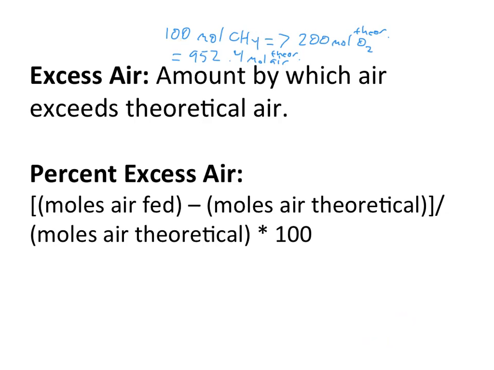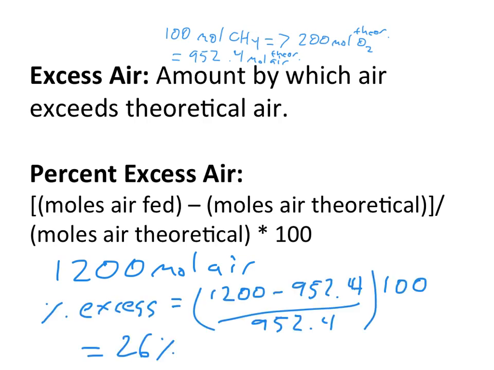Now let's just say we have 1200 moles of air. That means we have more moles of air than we need for the complete combustion. We have excess air. So we can calculate the percentage excess simply using this formula right here: 1200 minus 952.4, all divided by 952.4, multiplied by 100, gives us 26% excess air.